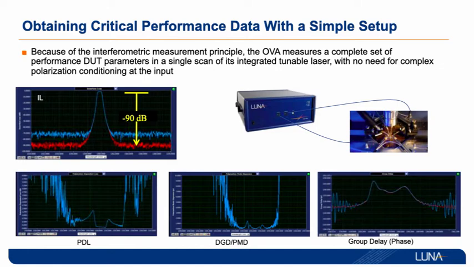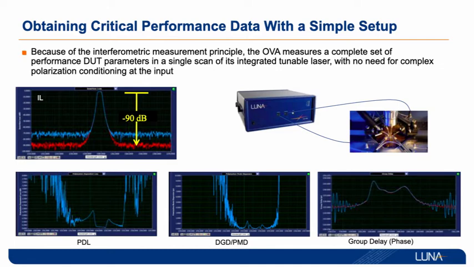What you're seeing is a 20 nanometer scan, and you measure all of the information there, not only the channel insertion loss, which you see on the left and the upper, but the in-band PDL, the in-band birefringence, and the in-band phase or group delay. The advantage the OVA brings is it has that internal tunable laser already integrated, and it has all of the other measurement capability already integrated, and you have access to all of this data in this case in less than a second.